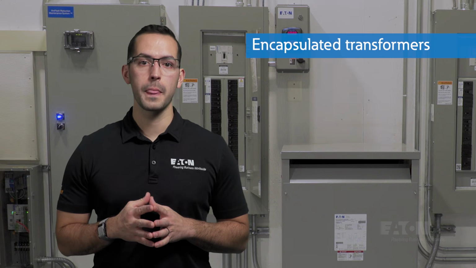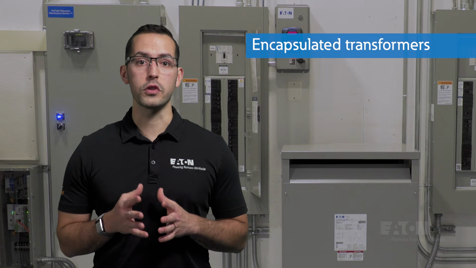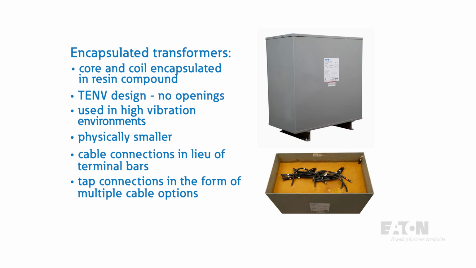Encapsulated transformers. Encapsulated style transformers are general purpose transformers whose core and coil assemblies are surrounded by an encapsulate resin compound in lieu of air. These transformers utilize TENV enclosure designs and are suitable for harsher environments. Encapsulated transformers are desirable in high vibration environments given the protective nature of the resin block, which once hardened will ensure that nothing internal to the transformer will move.